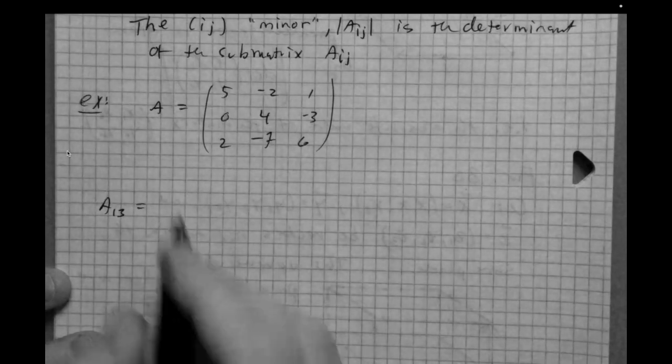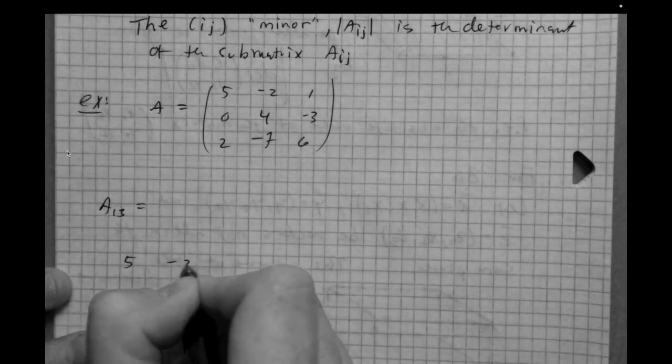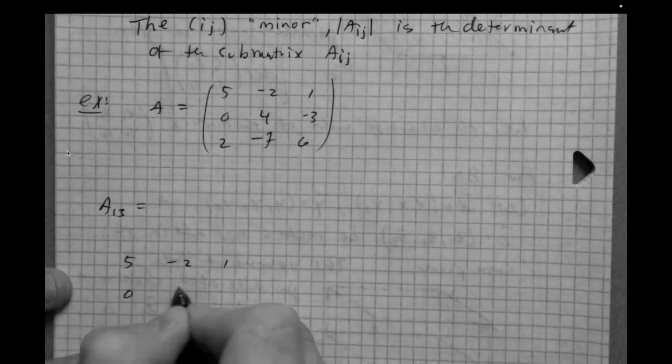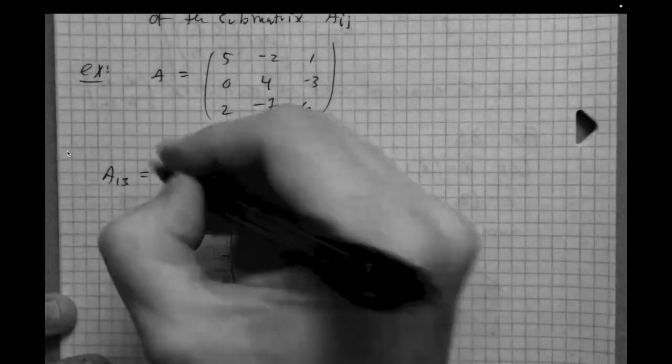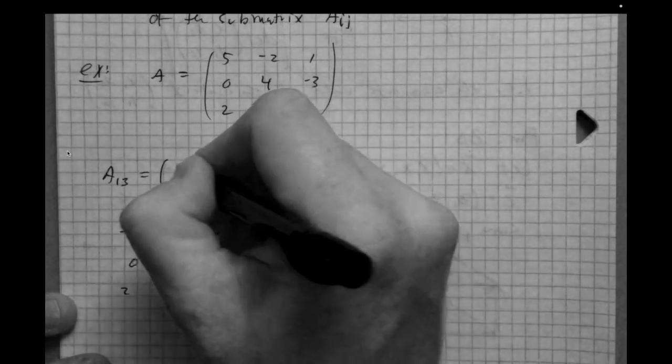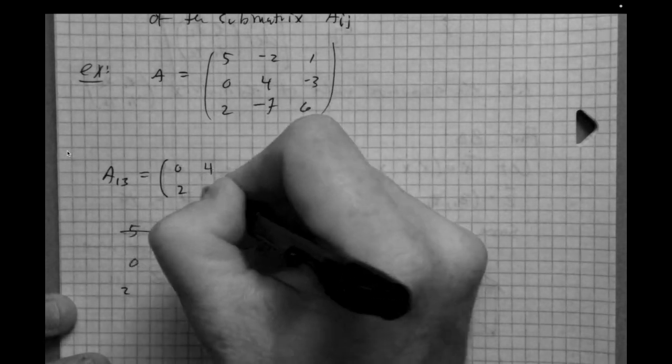Think about the matrix in its entirety. A13 is the submatrix obtained by deleting the first row and the third column. You can think of just blocking those out, and that means the A13 submatrix is 0, 4, 2, -7.